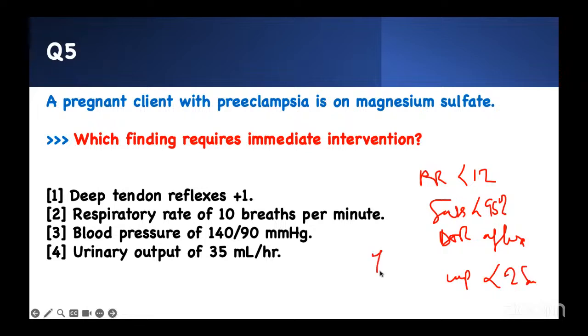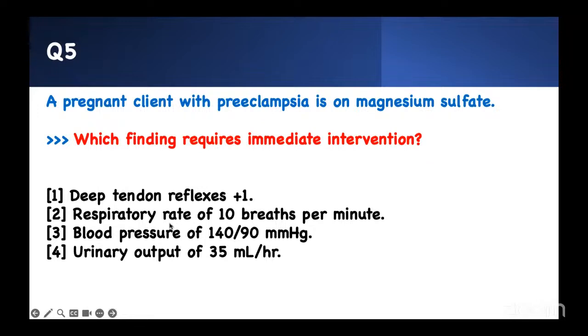And loss of consciousness. If they are somnolent, you've got to intervene. Therefore, this patient's respiratory rate of 10 is worse than a reflex of +1. That's the right answer. But you can figure it out by going through this one by one, and you'll be able to know who is in trouble.